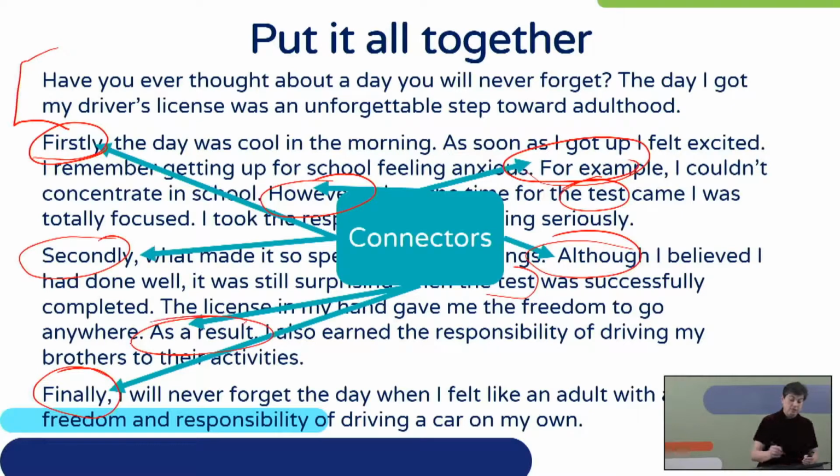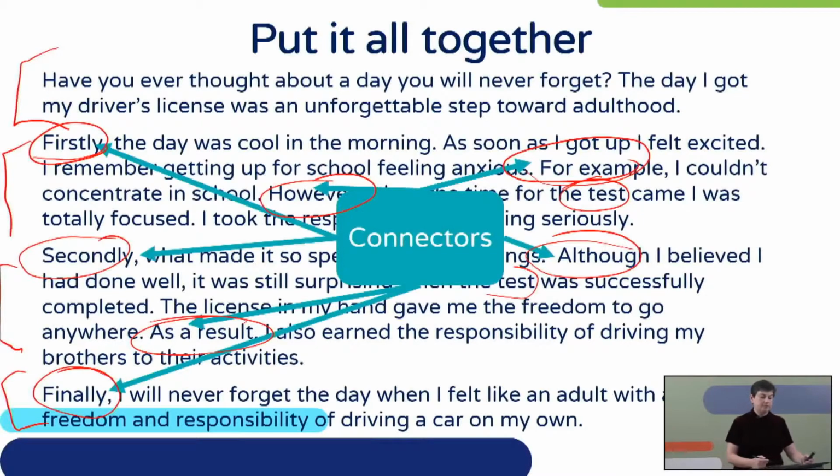I've even got as a result here. So I've got a lot of connectors that anchor my essay. Firstly, secondly, and finally, those are my paragraphs. I've got my introduction, my two examples, and my wrapping it up. And in the middle, I enrich my ideas with examples.